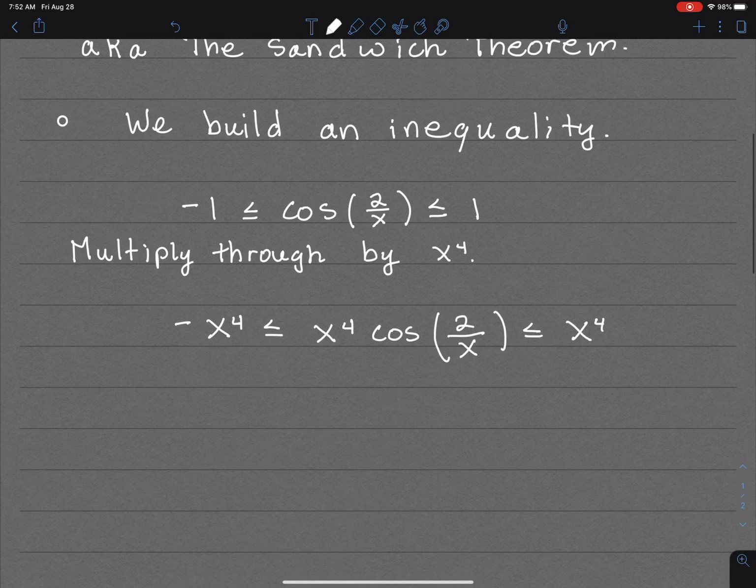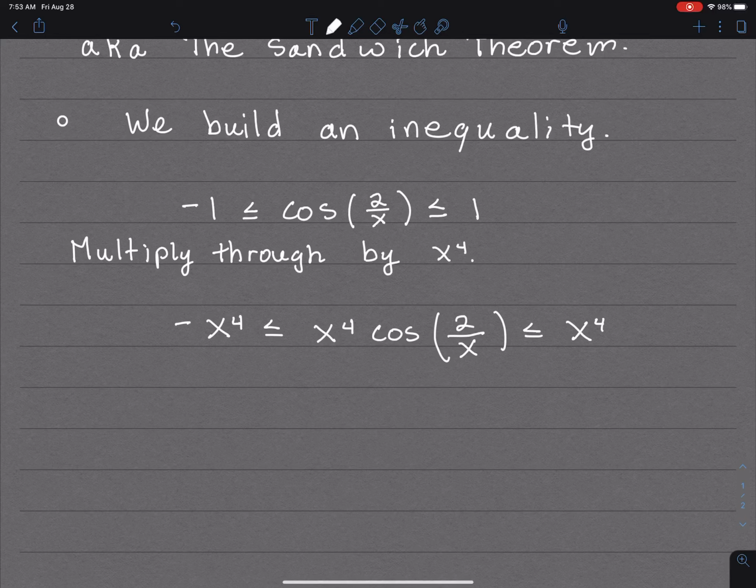All right, see now, x to the 4th cosine 2 over x is bounded by these two functions. And this cosine 2 over x is going to do some funny things.